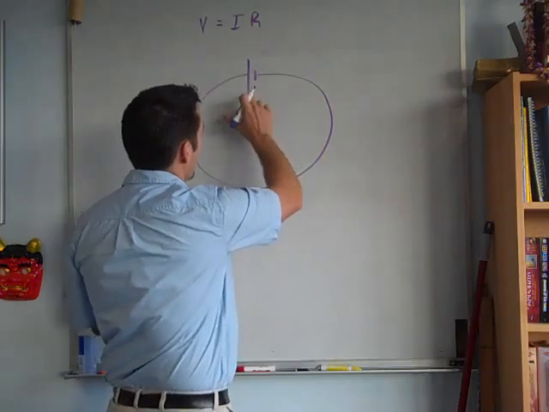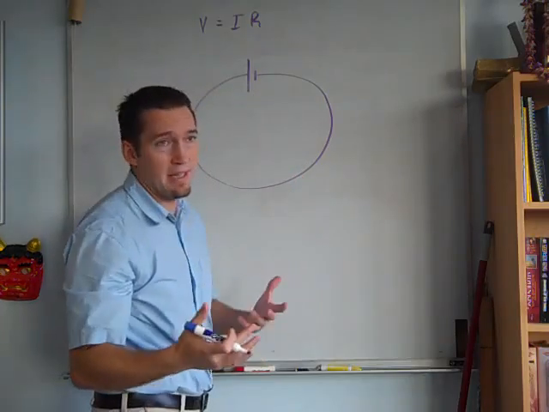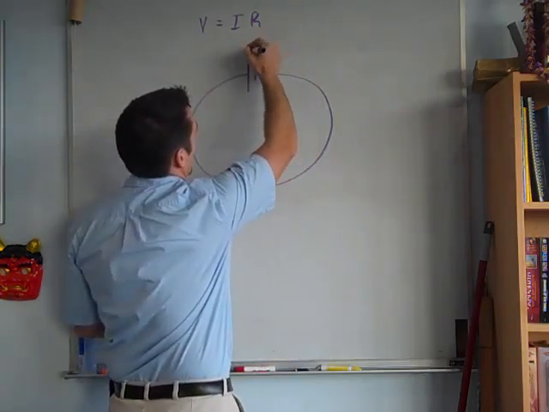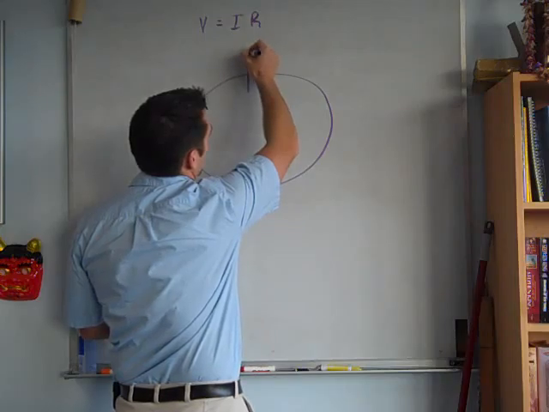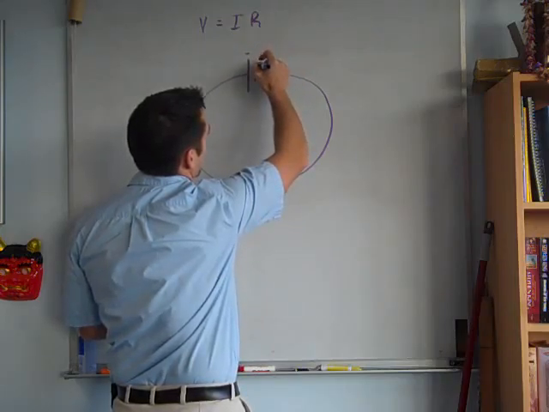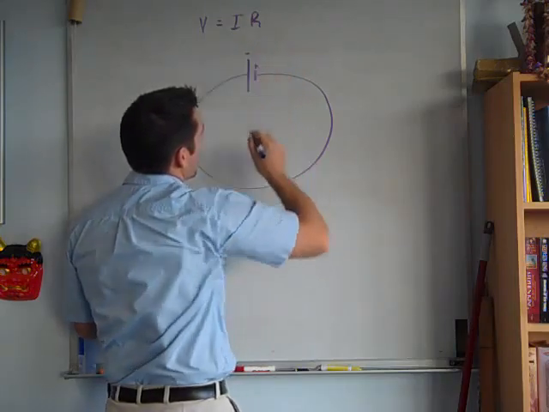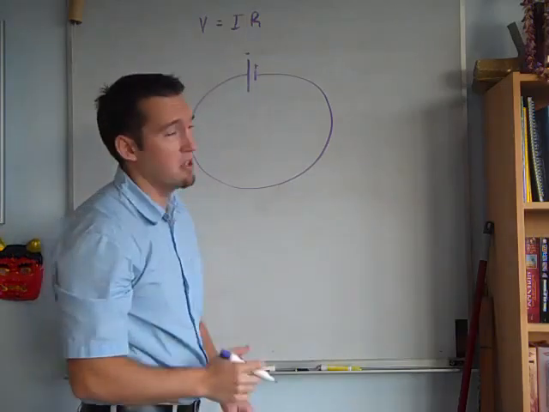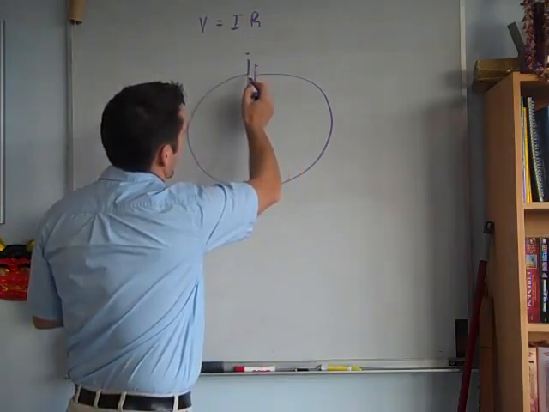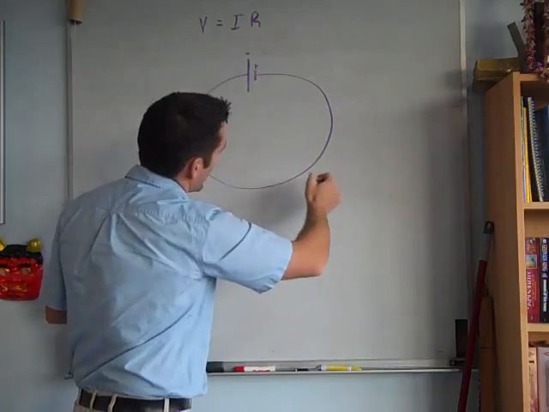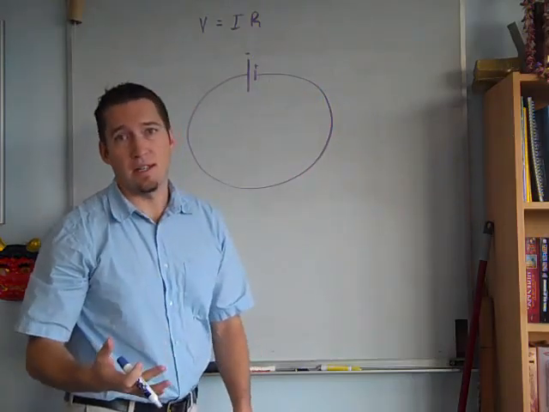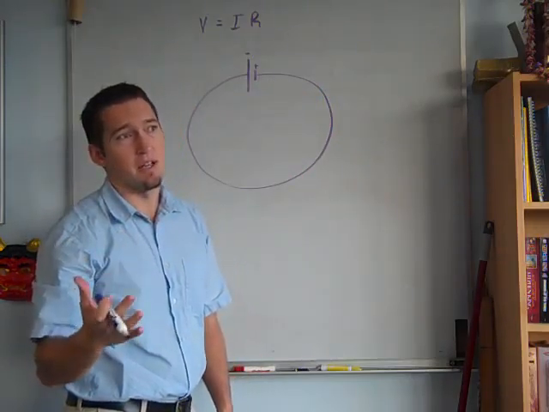Okay, so the voltage source here, what that is, if you've got some kind of buildup of electrons here, and you've got a deficit of electrons here, the electrons are going to want to flow from one side of this thing to the other and balance themselves out.